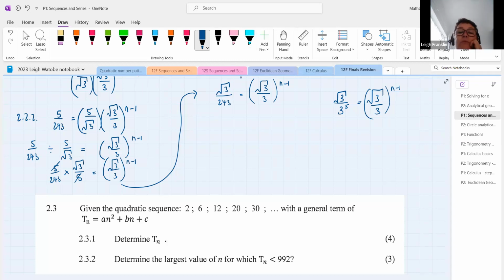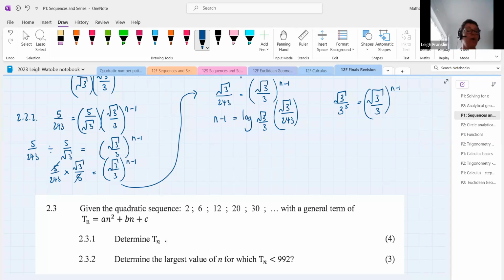If we did logs, we would say our exponent, which is n minus 1, is equal to log base. So our base is root 3 over 3, and then we would put our number over here, so root 3 over 243.